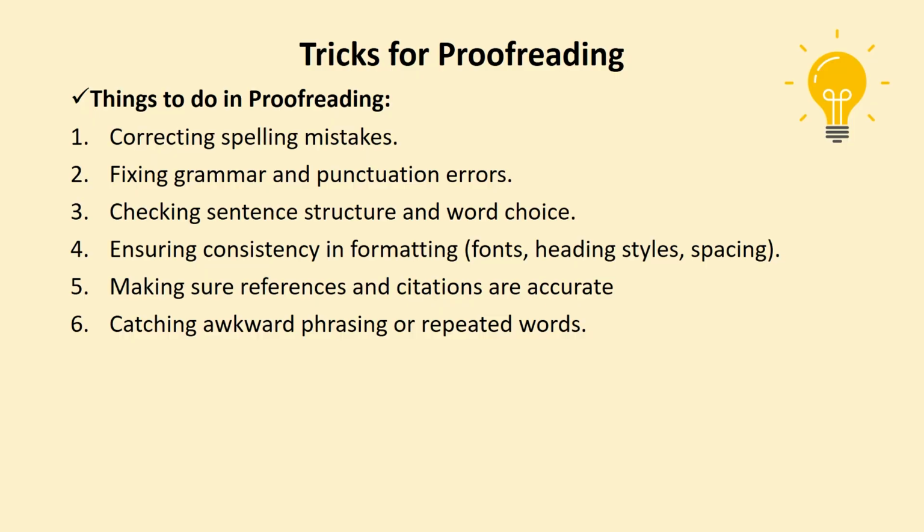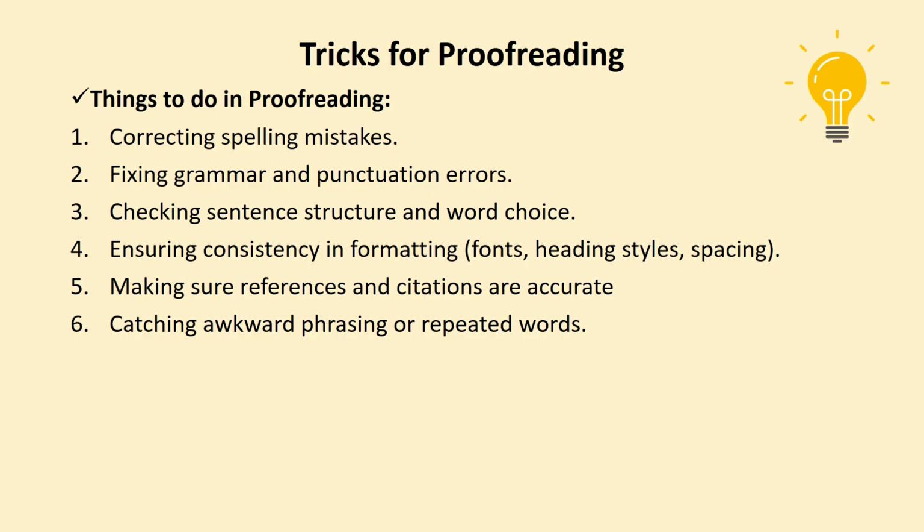Checking sentence structure and word choice. Ensuring consistency in formatting, fonts, heading style, spacing. This is most of the time problematic while you make a research proposal, that you are adopting a certain kind of font, heading style and spacing, but it is not uniform on all the pages of the research proposal.